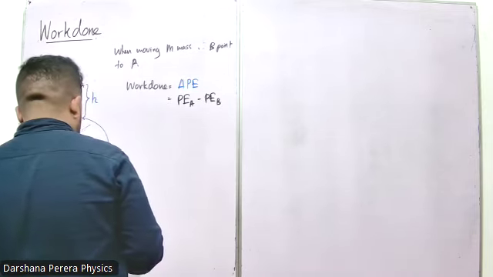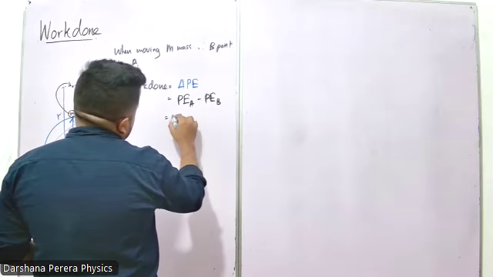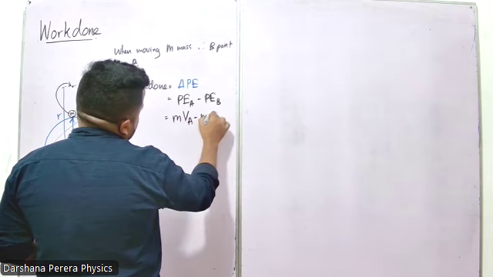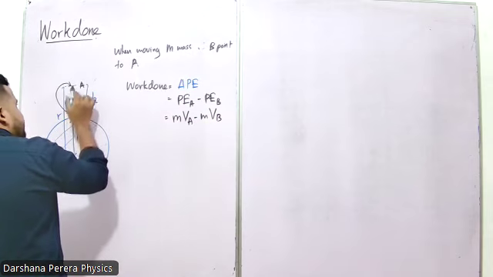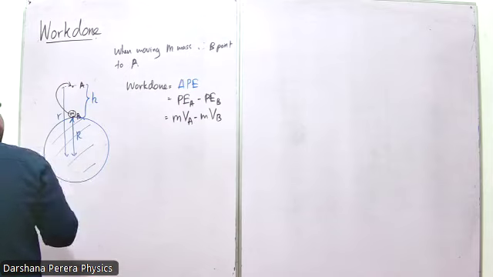Then PE_A means M × V_A minus M × V_B. You know, if the potential at point A is V_A, then I transfer the mass to that point.